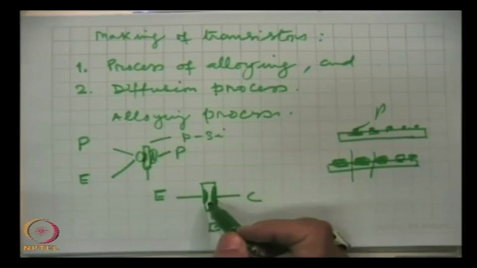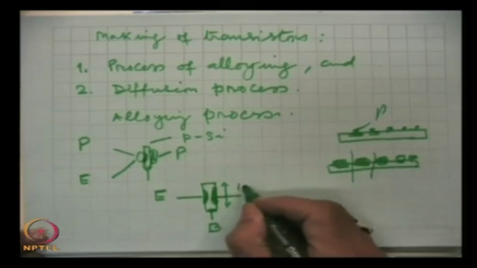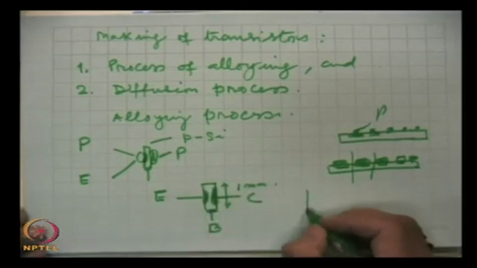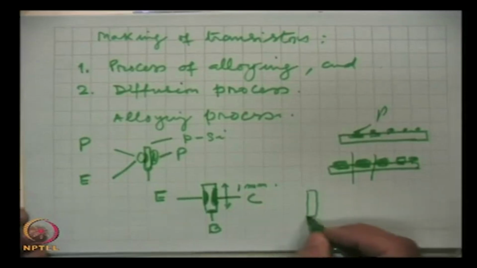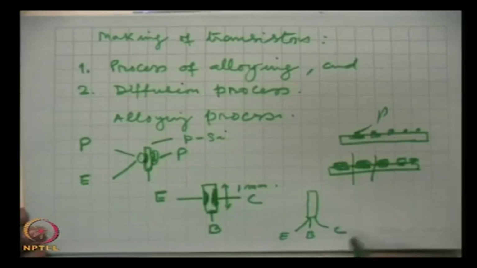This is what we see as a transistor when we handle it discretely. So, this is the process of alloying, these are encapsulated, and finally what we get is a metal can with 3 leads: emitter, base and collector.